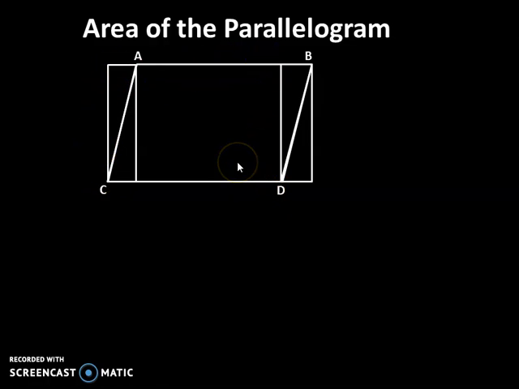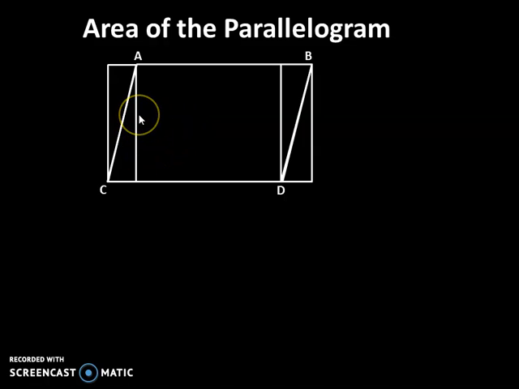So the result is that in a rectangle opposite sides are equal, and in a parallelogram also opposite sides are equal. So the area of the parallelogram is equal to the area of the rectangle, because we can form a rectangle. You can see we have put this portion here and this portion here and cut this, so we get the rectangle.